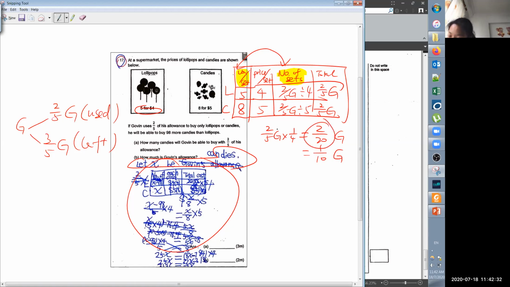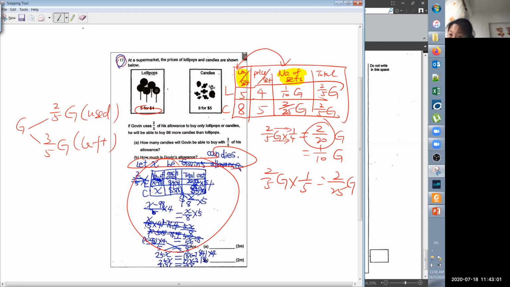Divide top and bottom by 2. Similarly for below, you times 1/5, so it's 2/25 G.